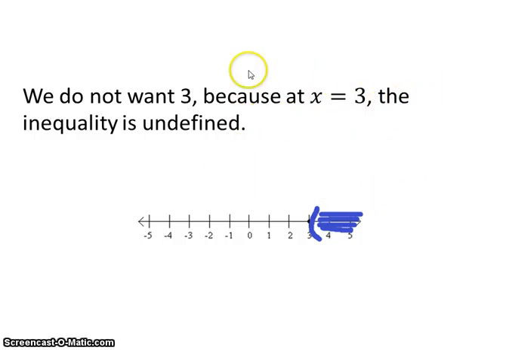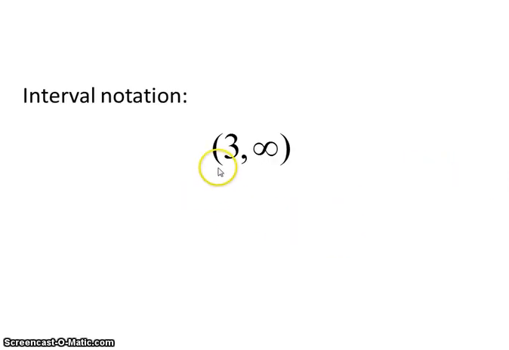It did have a greater than or equal to, so it might be tempting to include it because normally we put a bracket if it's greater than or equal to, but we realize that the boundary point is not going to be what we want because it will give us a 0 denominator, which is undefined. So we want to throw out x equals 3, but every point to the right of 3 is going to give us a true statement. So the way we write our interval notation is parenthesis 3 comma infinity.